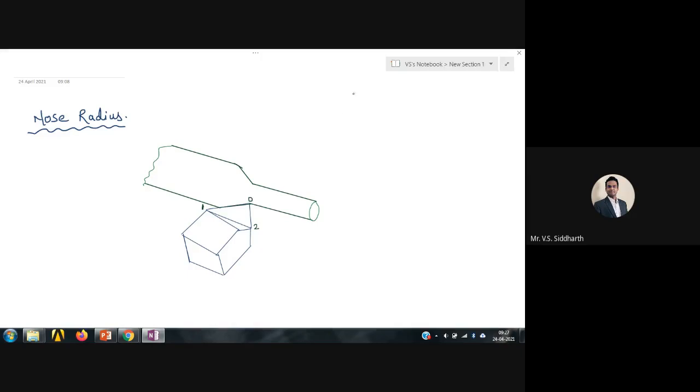So if you have traveled in an airplane, and if I draw an aeroplane, I'm not so good at drawing, just like this, this is the rudder. This is something like an aeroplane. This is one of the wings.